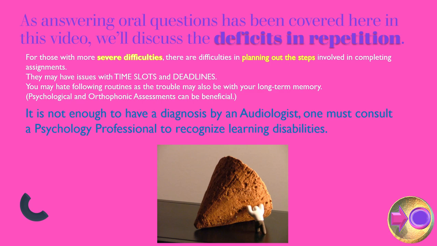For those with more severe difficulties, there are difficulties in planning out the steps involved in completing assignments, let's say. They may have issues with time slots and deadlines. You may hate following routines, as the trouble may also be with your long-term memory.